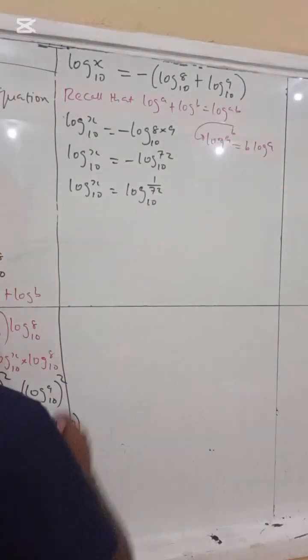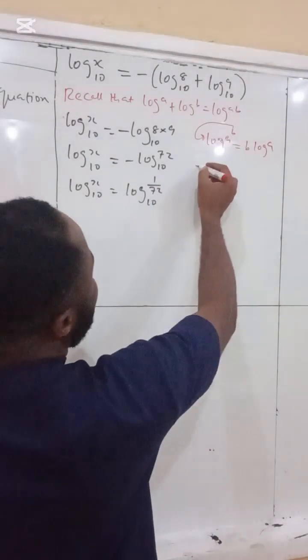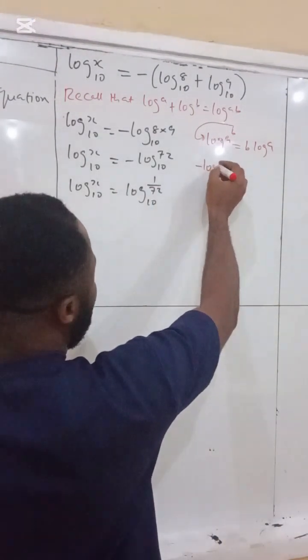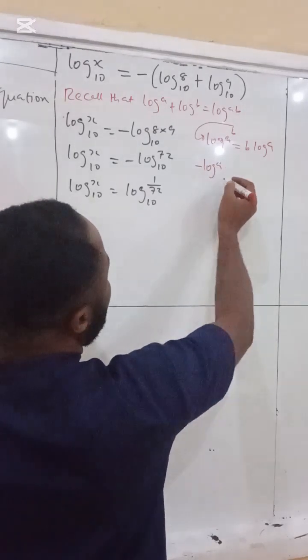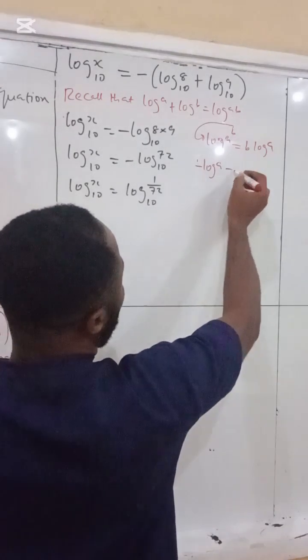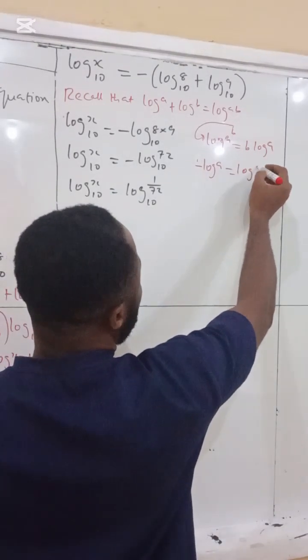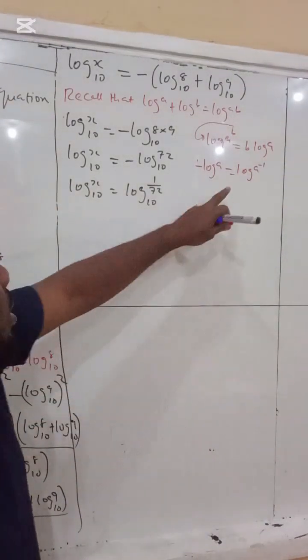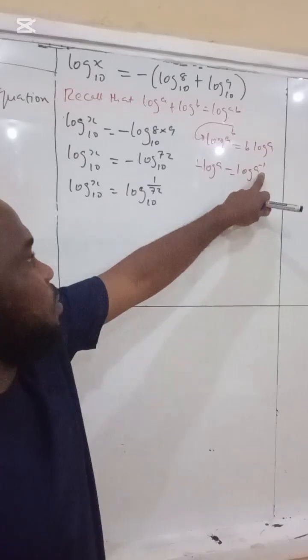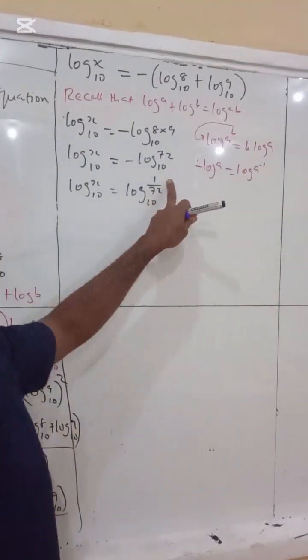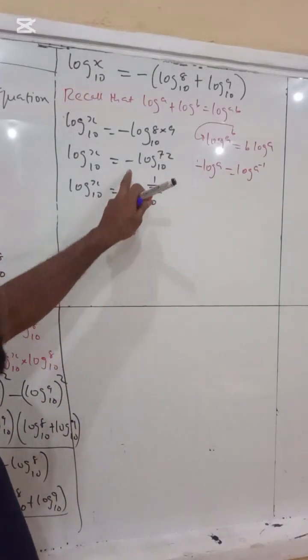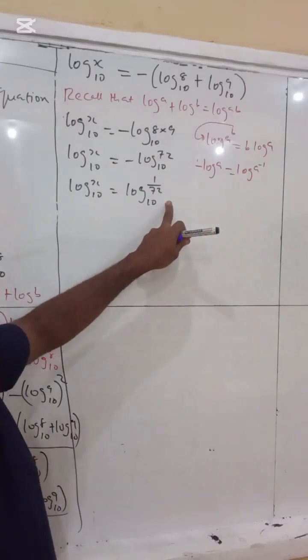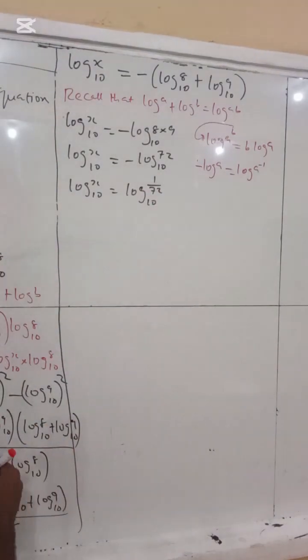The same thing is applicable when we have negative 1 log a. When we take this minus 1 up, it will look like log a raised to power minus 1. And from indices, anything raised to a negative index means the reciprocal of that same number. So that is why we have 1 over 72.